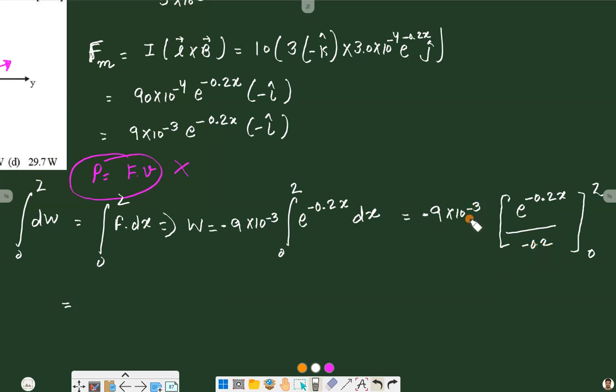This will be 9 by 2, and here we will have 10 raised to power minus 2. Putting values of x here, it will be e raised to power negative 0.4 minus e raised to power 0, or minus 1. So this will be 4.5 into 10 raised to power minus 2.